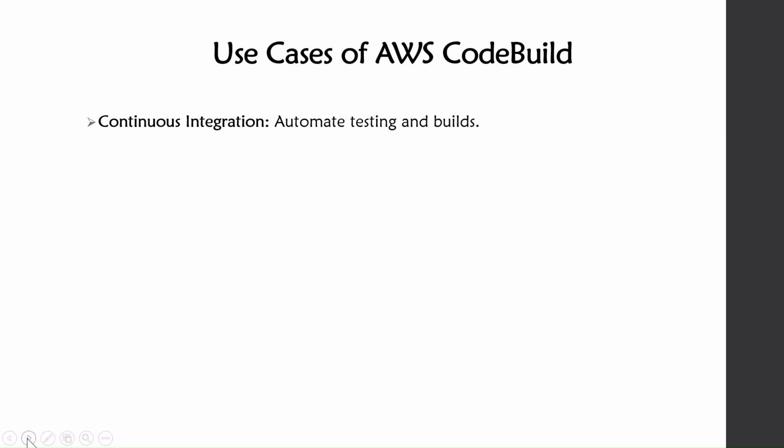AWS CodeBuild is widely used to automate testing and the building process in a continuous integration pipeline. When developers push changes to a repository, CodeBuild automatically retrieves the latest version of the code, compiles it, runs tests, and ensures that the new code integrates seamlessly with the existing code base.